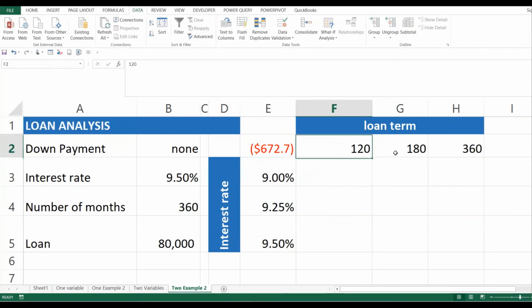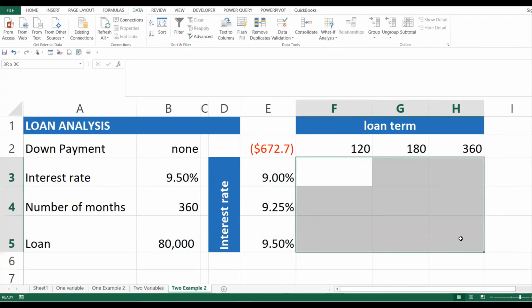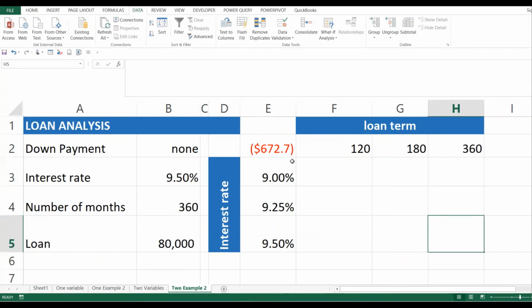So I'm using the what if analysis to find out that if my loan is this and my period is 120 months, what will be my monthly repayment? If my interest rate is 9 and my period is 180, what will be my monthly repayment? And so on. That's what I want to find out.